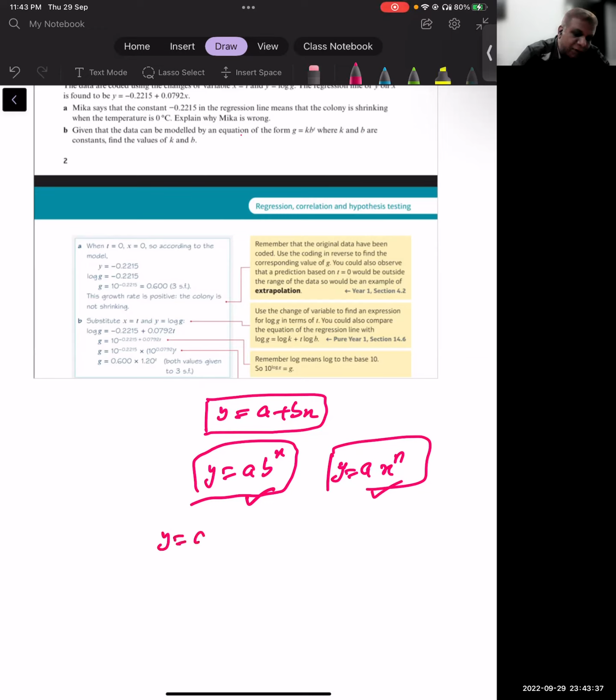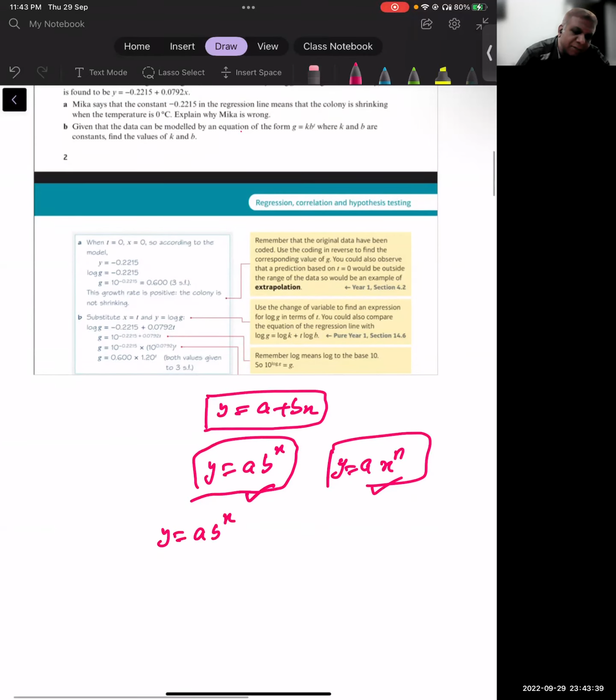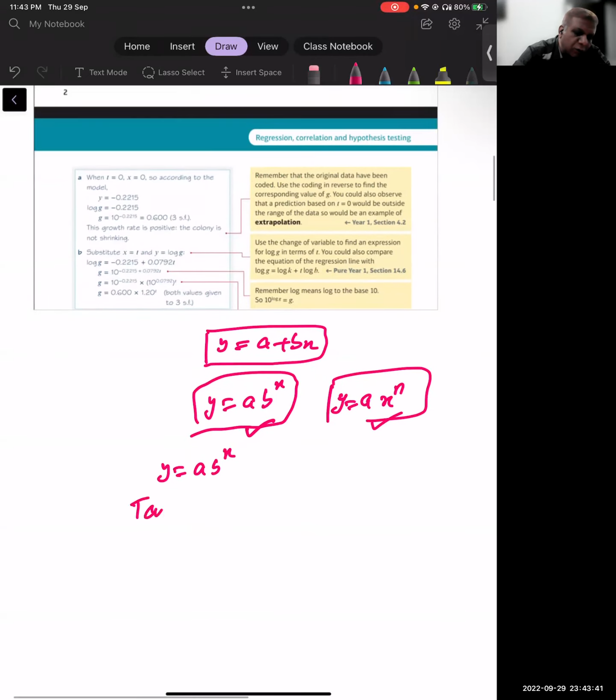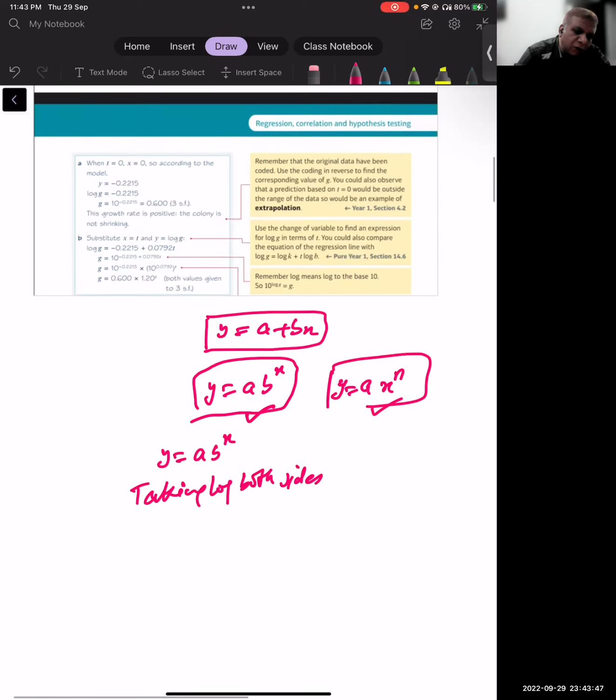y = ab^x. Taking log on both sides, what is it? log y = log(ab^x).